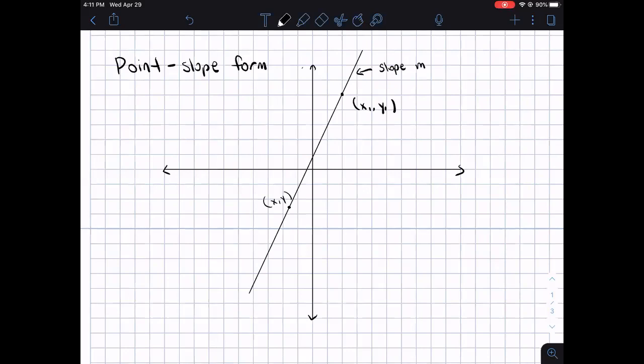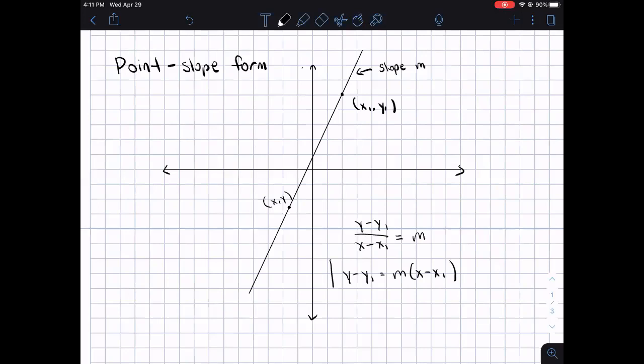So we can write the equation using the definition of slope. y minus y1 over x minus x1 is equal to m, because m is the slope. Multiplying both sides by x minus x1, we get y minus y1 is equal to m times x minus x1.